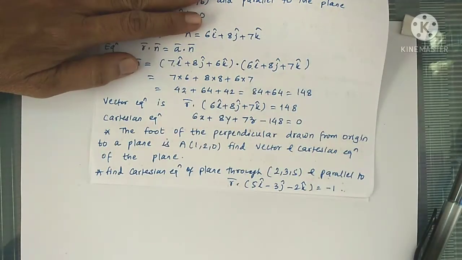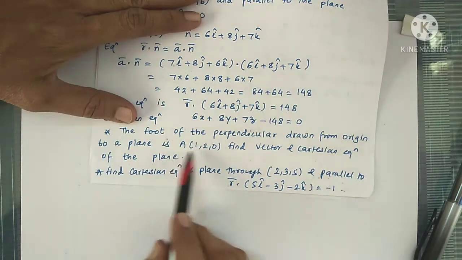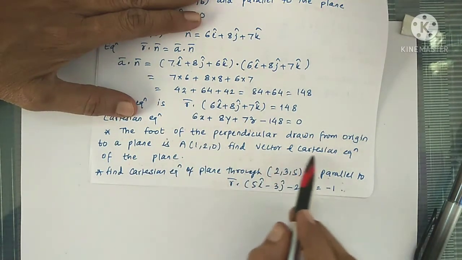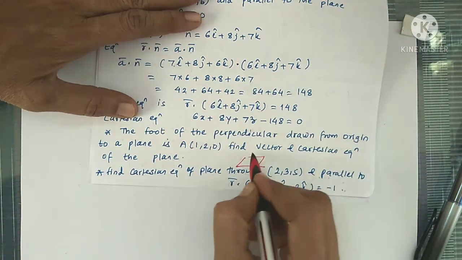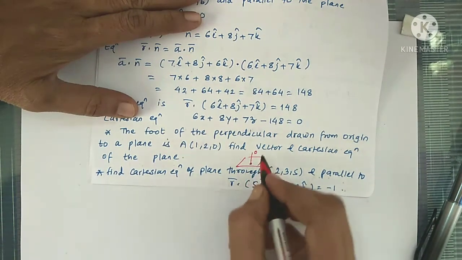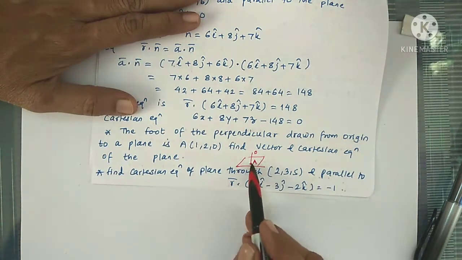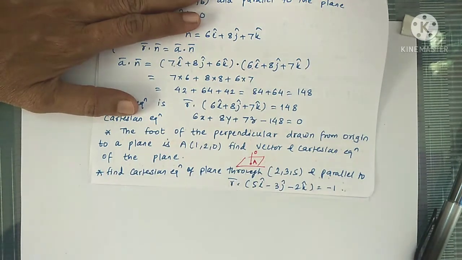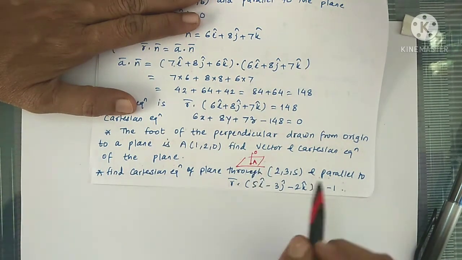So this is your today's assignment. The foot of the perpendicular drawn from the origin to a plane is (1, 2, 0). Find the vector and Cartesian equation of the plane. So a perpendicular is drawn from the origin to the plane, and this point A is (1, 2, 0). See here, A lies in the plane, so we have a point in the plane, and this OA is normal to the plane.